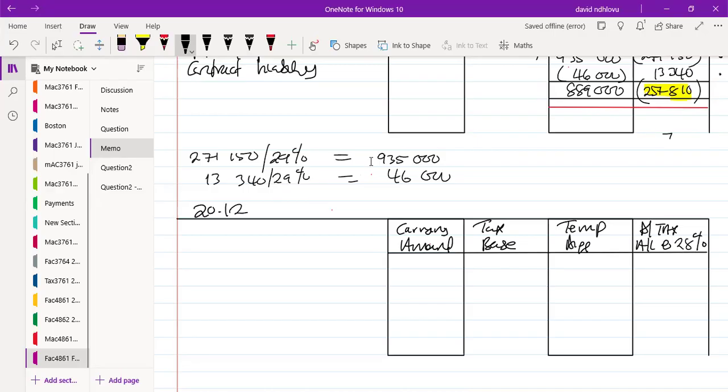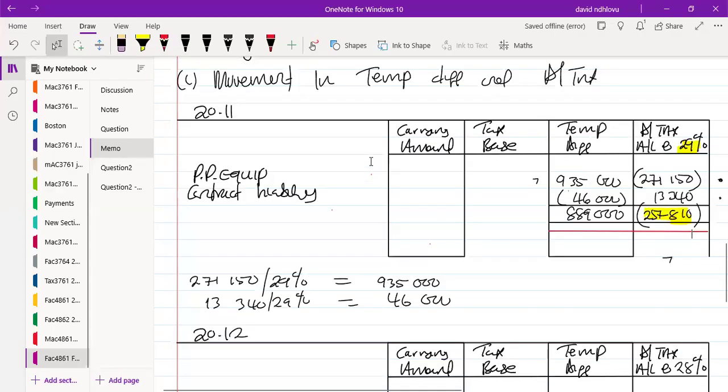All right, in this particular example, we were already given these amounts here.